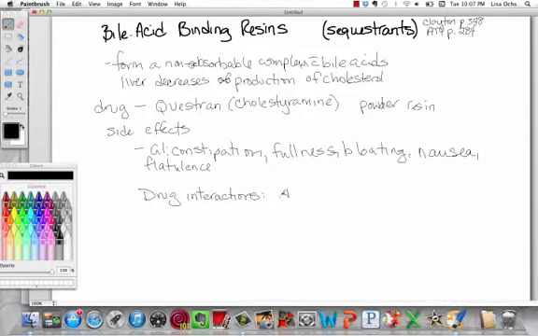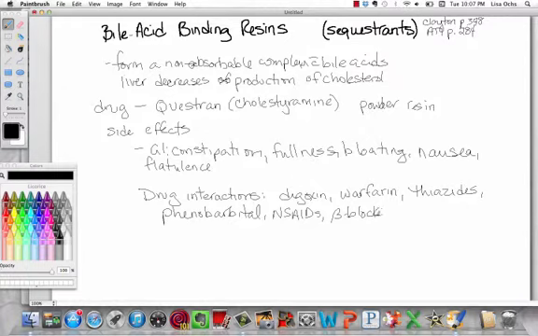So things like digoxin, warfarin, which is Coumadin, thiazide diuretics, phenobarb, NSAIDs, beta blockers, oral contraceptives, these will all be inactivated by this drug.